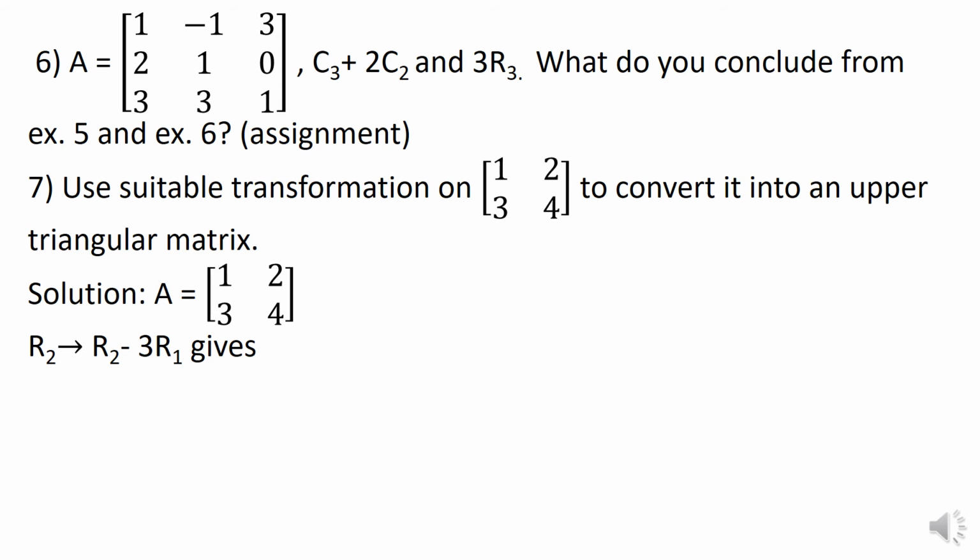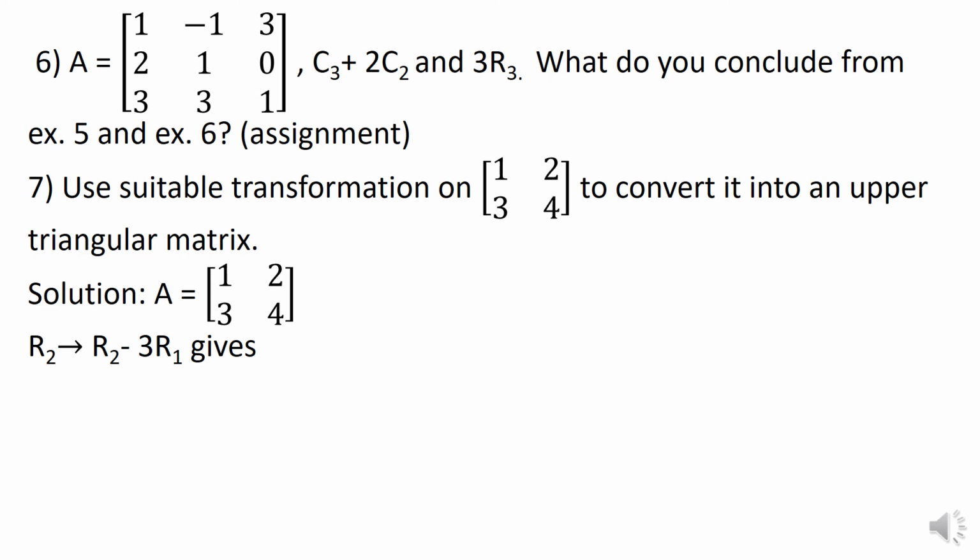Now observe R2. R2 contains the elements 3 and 4. We want to convert 3 into 0 so that the matrix becomes an upper triangular matrix. Now 3 minus 3 is 0, and in R1, 1 into 3 is 3. Thus, 3 minus 1 into 3 gives us 0 in the 21 position of the answer matrix.